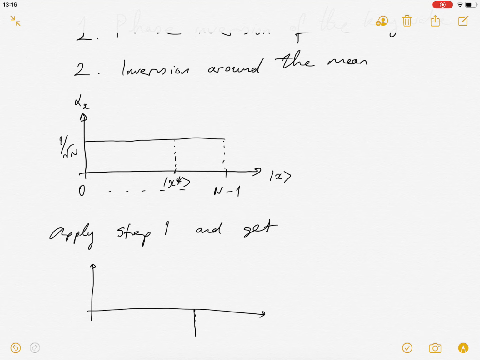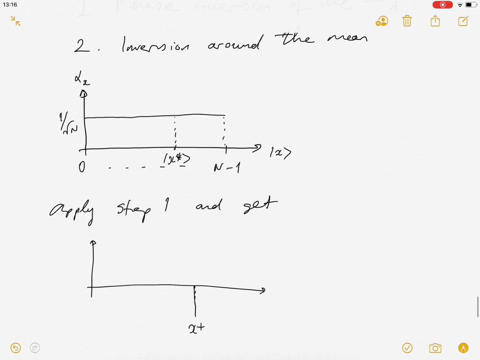So this is x star, and the rest of the states still have the amplitude 1 over square root of n.